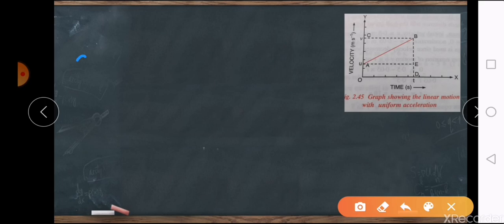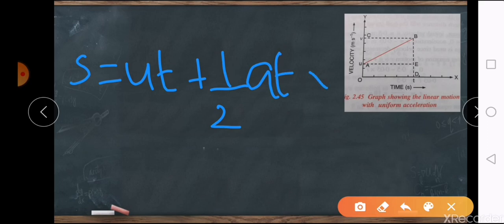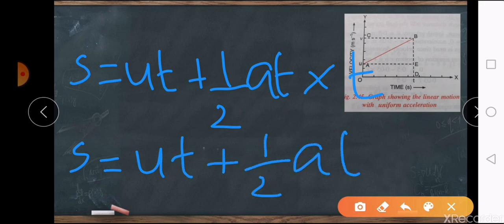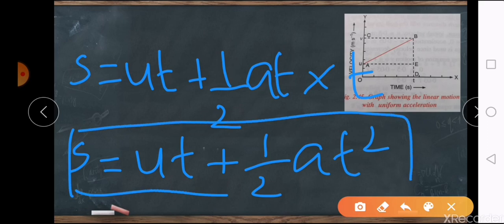Once you replace it, let us see what we get. S is equal to UT plus half AT into T, or S is equal to UT plus half AT square. This is nothing other than your third equation of motion, equation number 3.